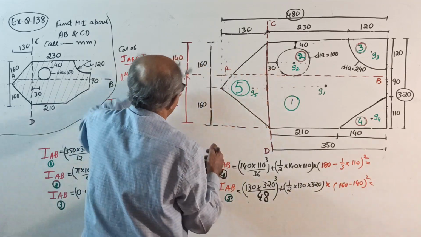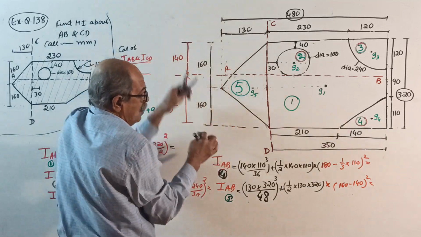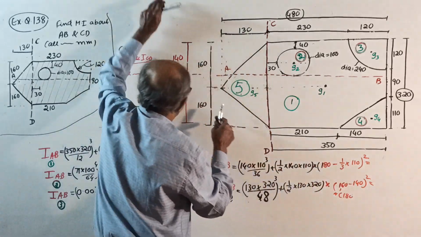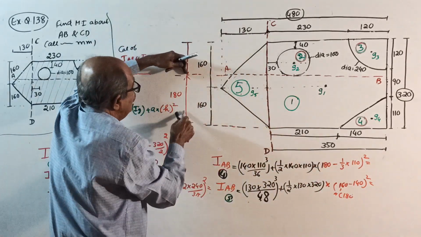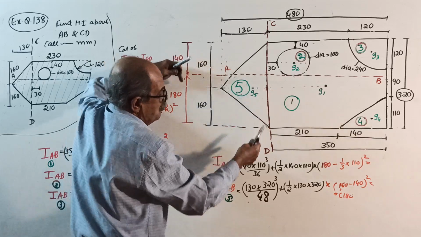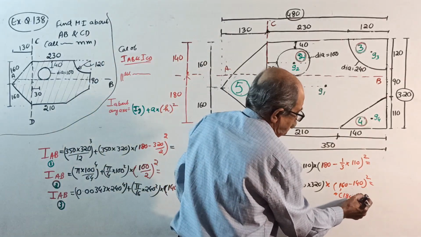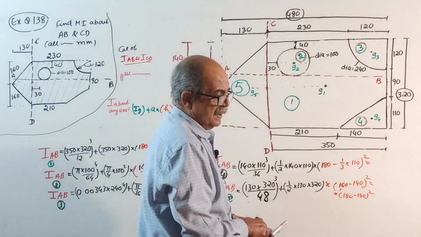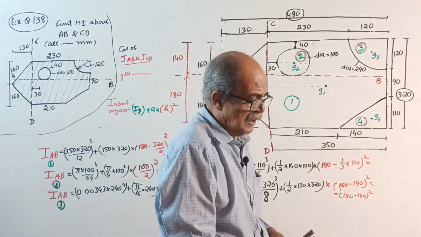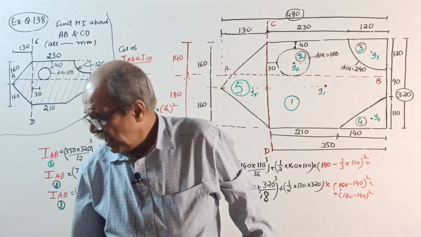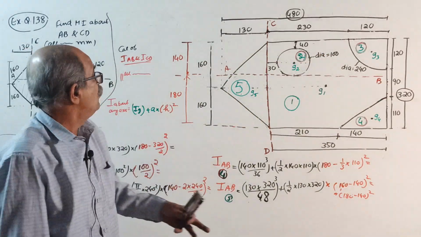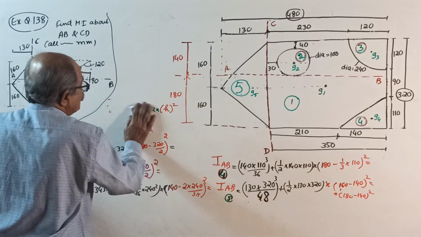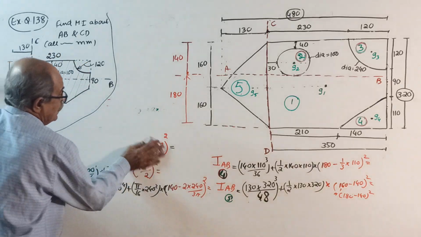Or you can do one more way, or 180, see here, this is 180, this is 160, 180 minus 140 square also will do, both are same. Calculate. Okay, now find all the values, then lastly I will tell what to do. Calculate each and everything. Okay, all I am removing now.